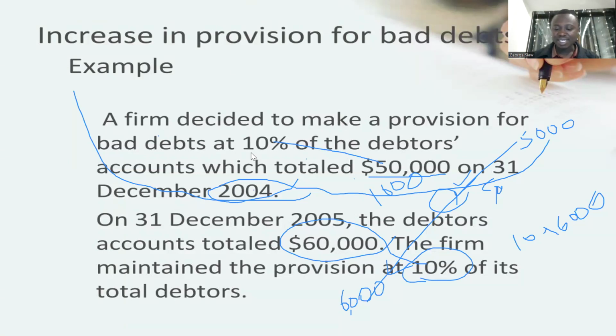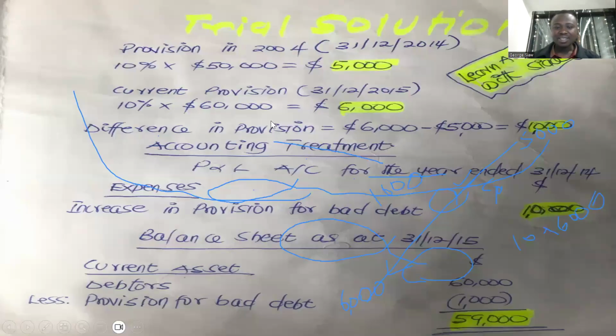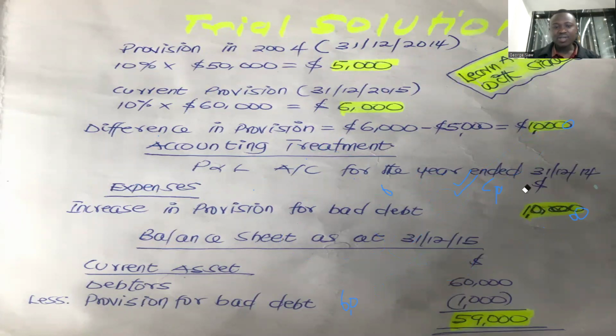So let's look at it. I did a calculation and wrote it myself, so you can see the solution here. Let me clean this so that you can see it very well. This is the provision that we made for 2004, which was 5,000.